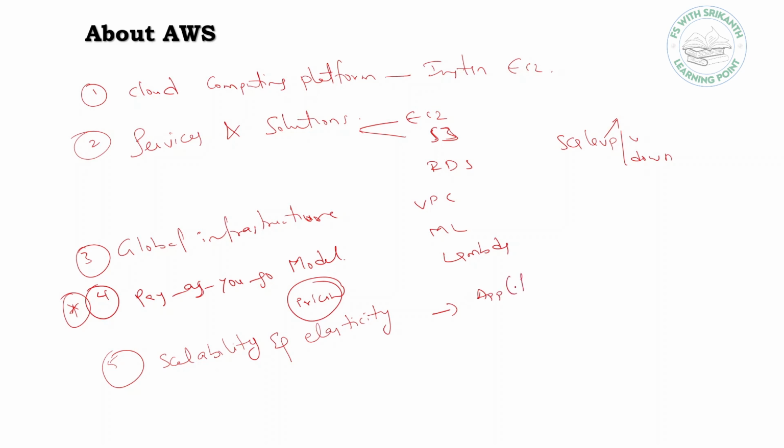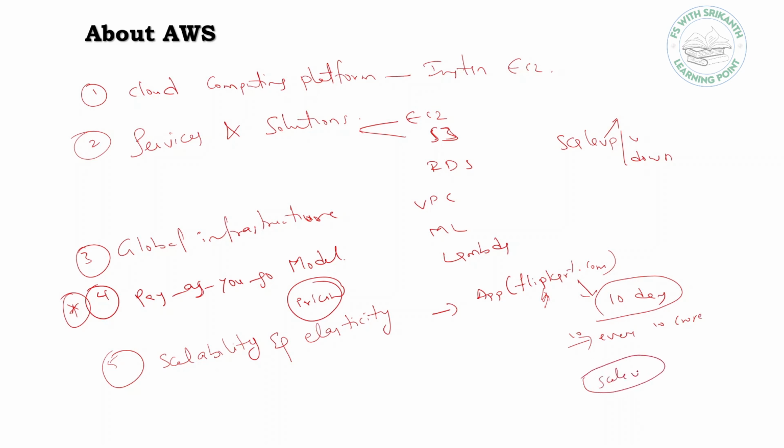Suppose your application is Flipkart, or any e-commerce application, promoting some 10 days offer days, Big Billion Days, or whatever it may be, and everyone knows in these 10 days, every hour 10 crore people will be hitting this Flipkart application. In this situation, they expect huge traffic.